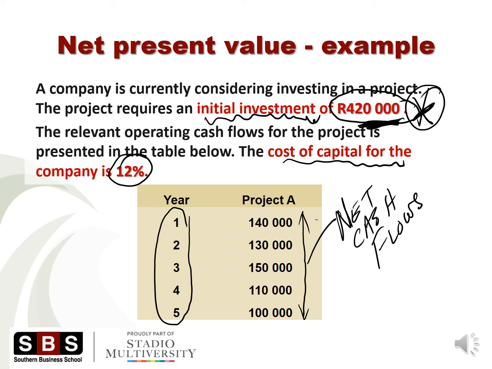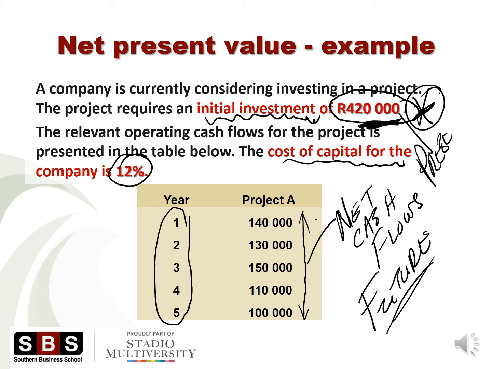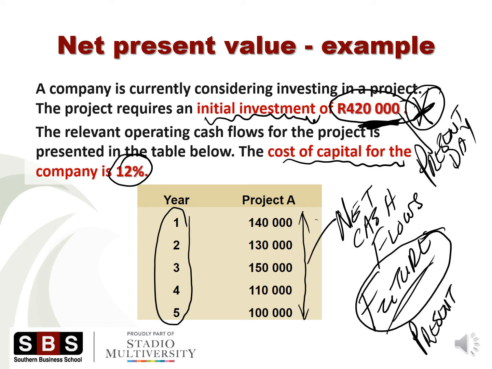Now, these are future values, as I've explained to you. They will happen sometime in the future. And this is a present day value. In other words, what now has to be done is these future values must be expressed in present day values, so that you can compare those two, present day with present day.